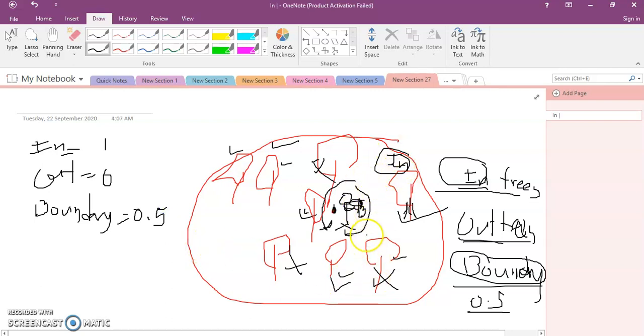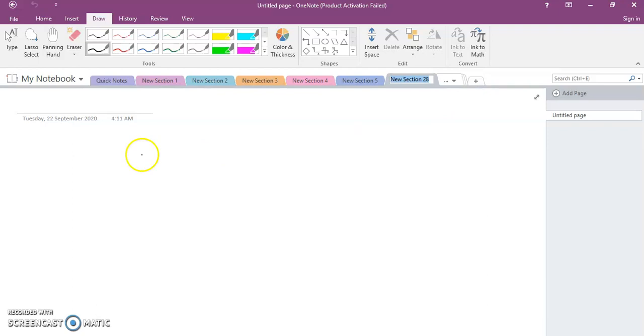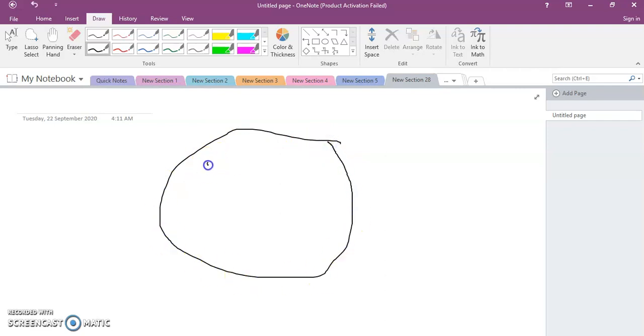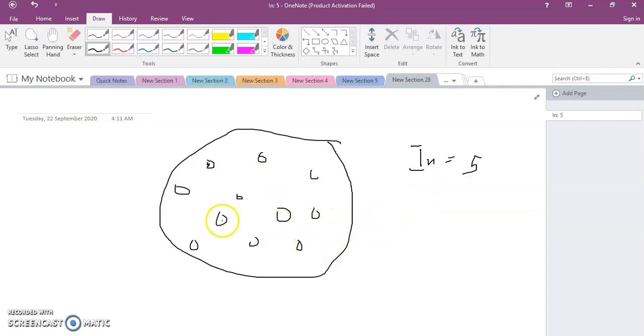Now, for example, for this forest stand, the total in is equal to 5 trees.